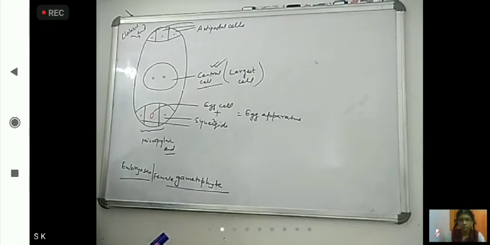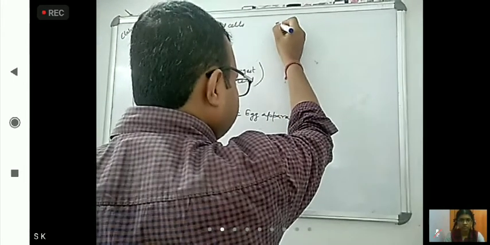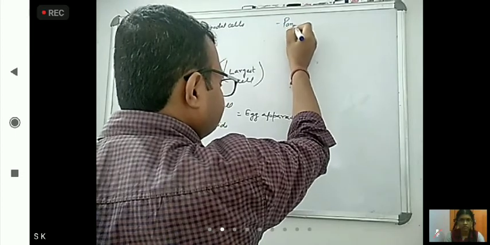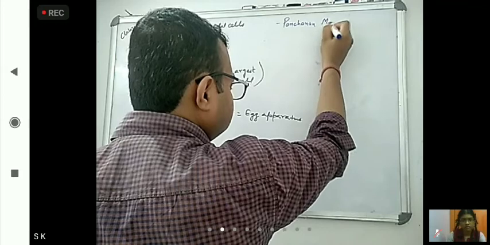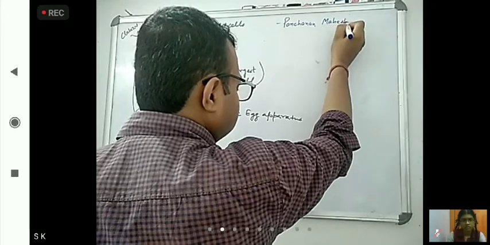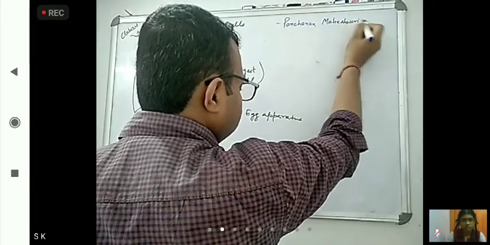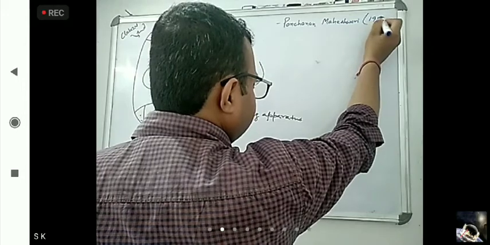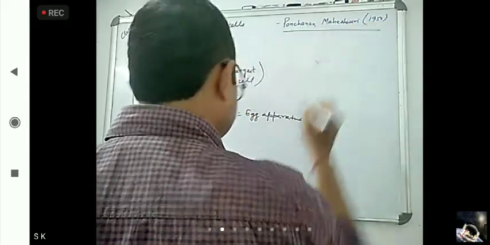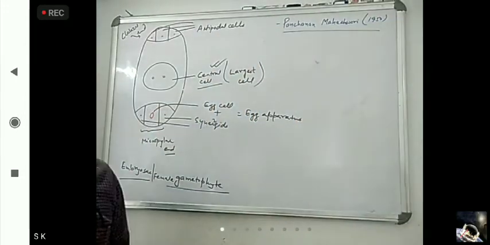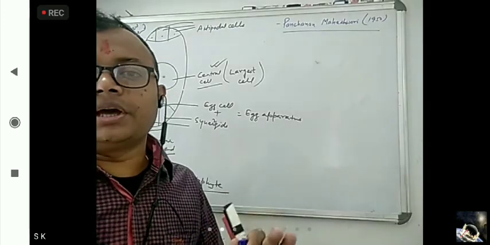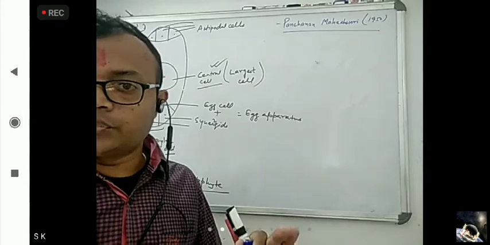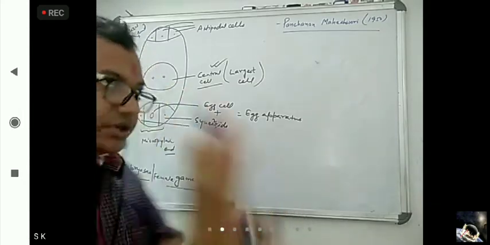Now, one scientist was there, named Panchanan Maheshwari. In 1950 he classified the embryo sac types on the basis of what? On the basis of megaspore nuclei participation.